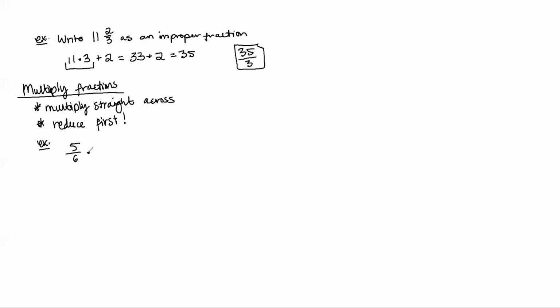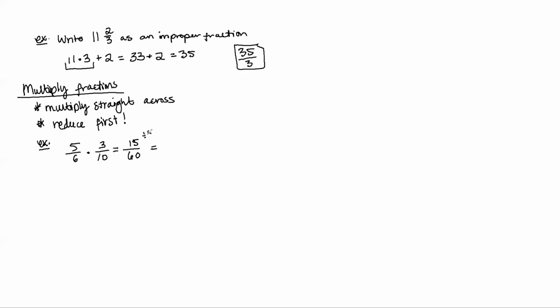So let's go ahead and look at 5/6 multiplied by 3/10. For this one, let's just try multiplying across, and then we'll reduce. So we're going to have 5 times 3, which is 15, over 6 times 10, which is 60. And then we can reduce by dividing both of these by 5.